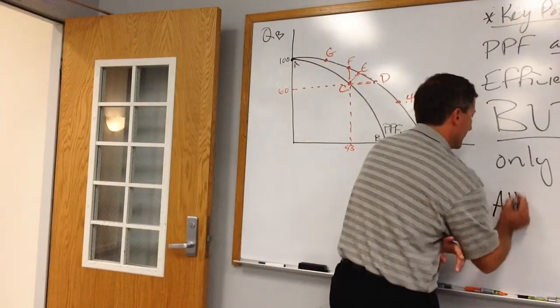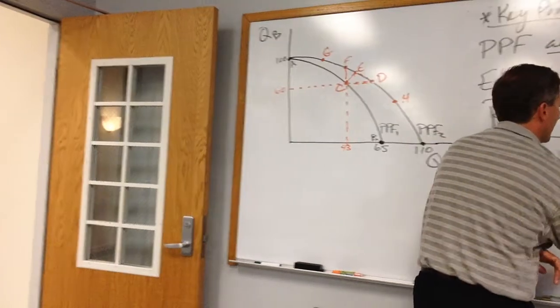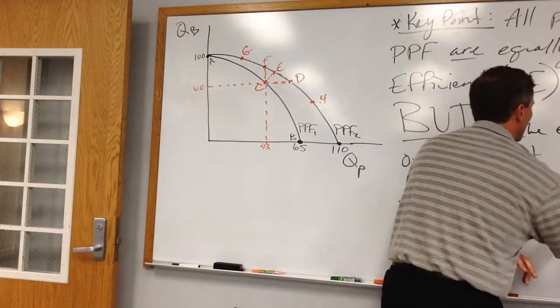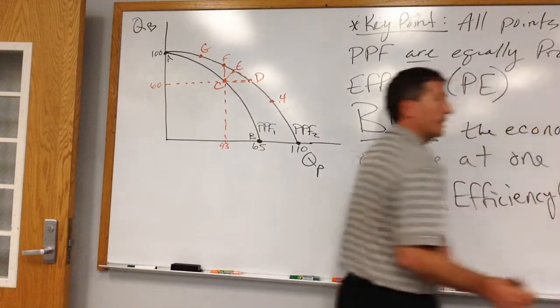And that brings us to another form of efficiency called allocative efficiency.